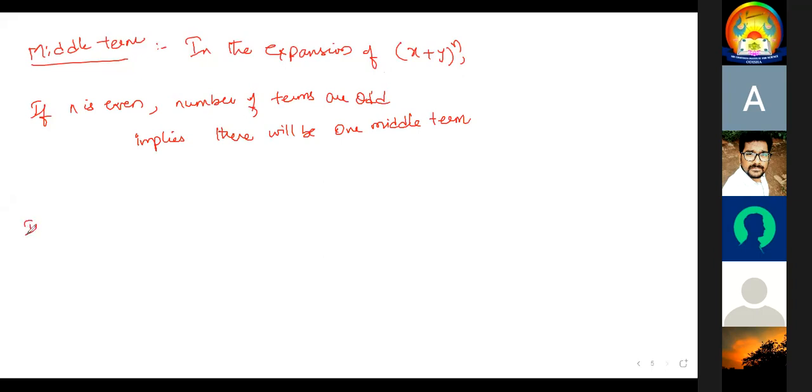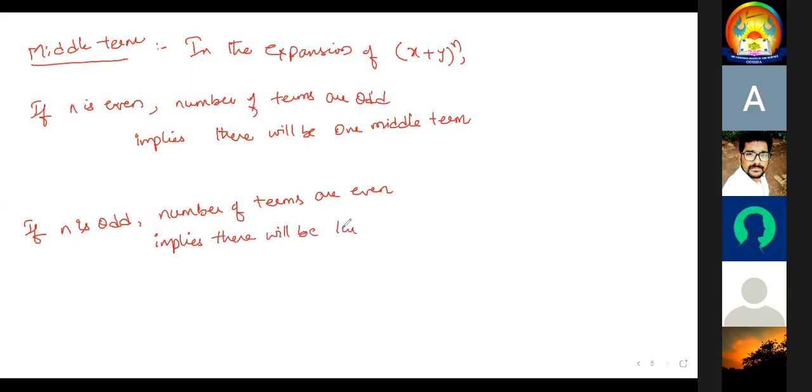If n is odd, number of terms are even, which implies there will be two middle terms. Okay.